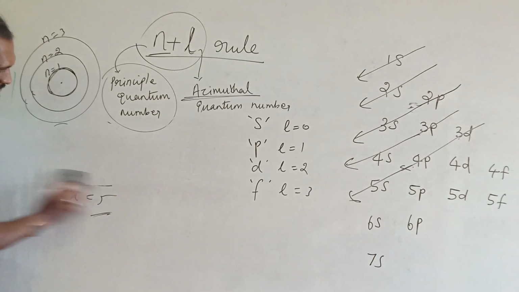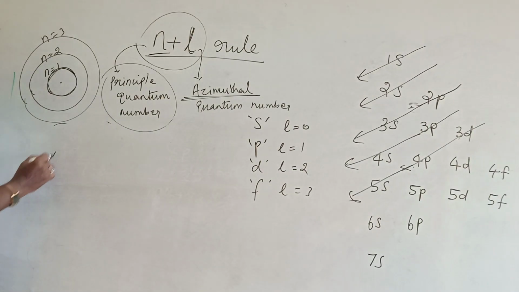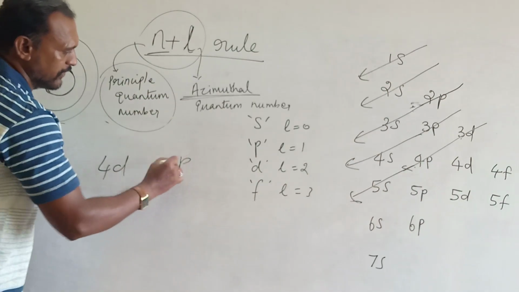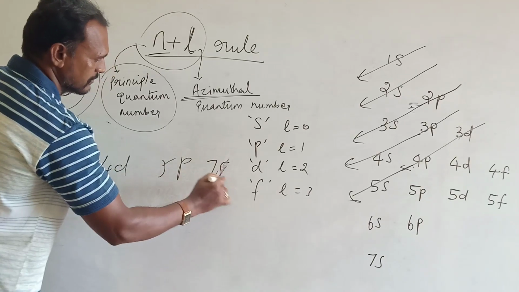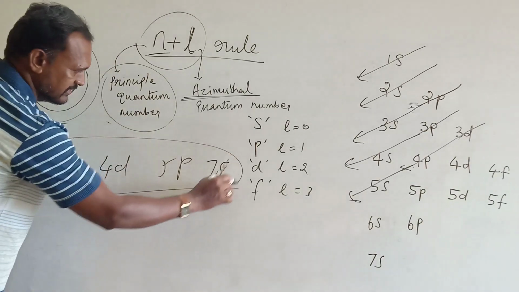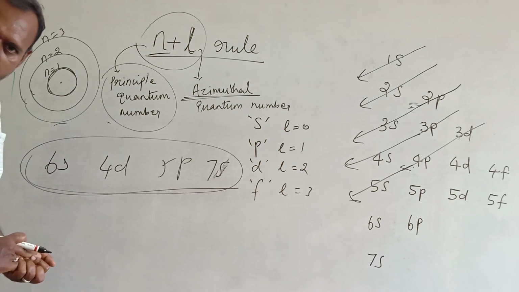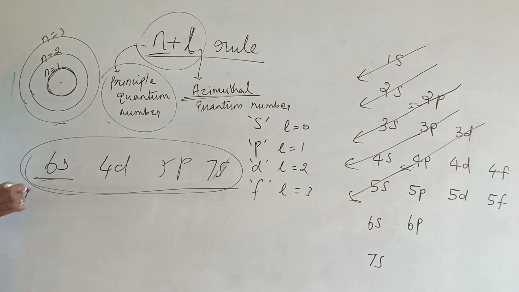Then one more exercise. It is a neat question, I think. So I say some orbitals. For example, 6s, then 4d, then 5p, then 7s. Okay, you arrange these orbitals in the increasing order of energy. For this, for 6s, n value 6, l value 0, n plus l value 6.